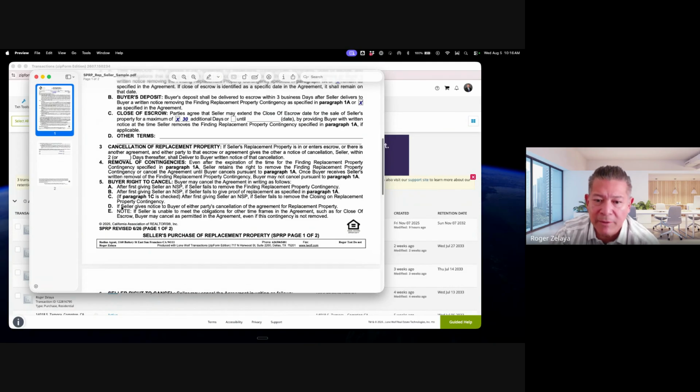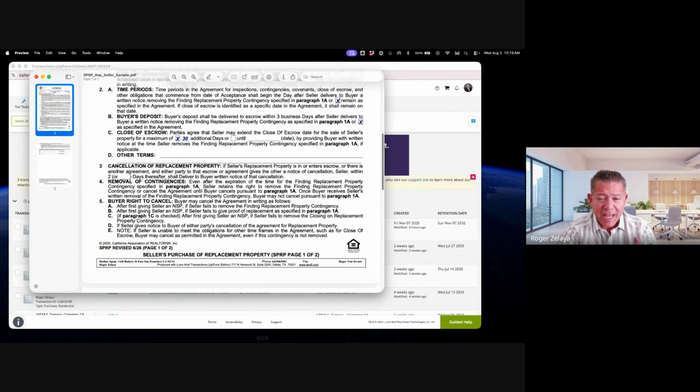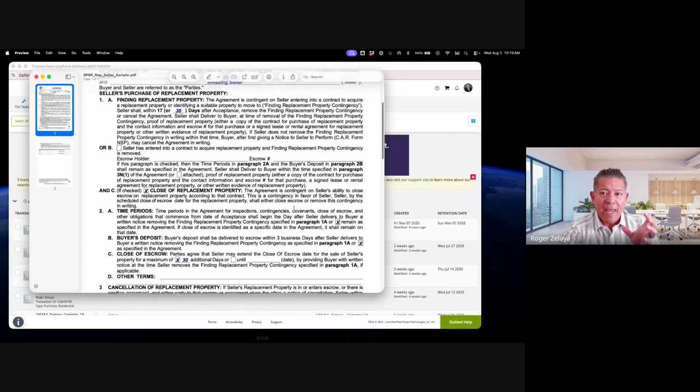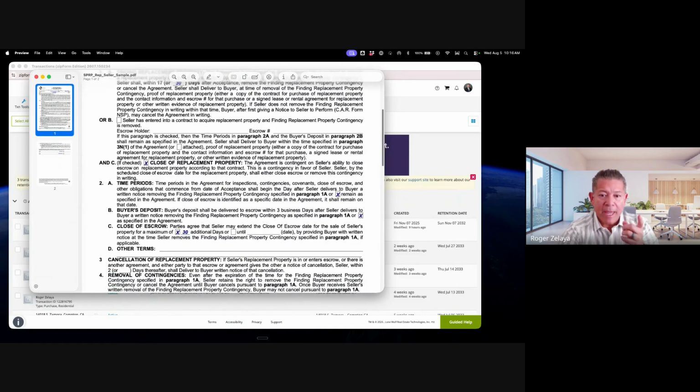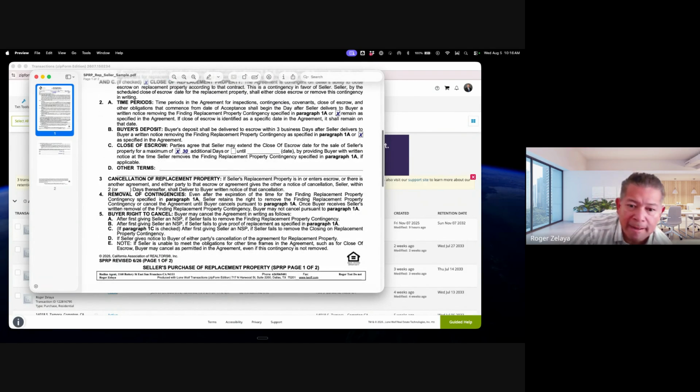Or D, if the seller gives the notice to buyer or either party cancellation of the agreement or replacement home. In other words, if they are in escrow and the buyer is in escrow, however, the buyer finds something wrong with the property, even though they found a replacement home, then they still have the ability to cancel.